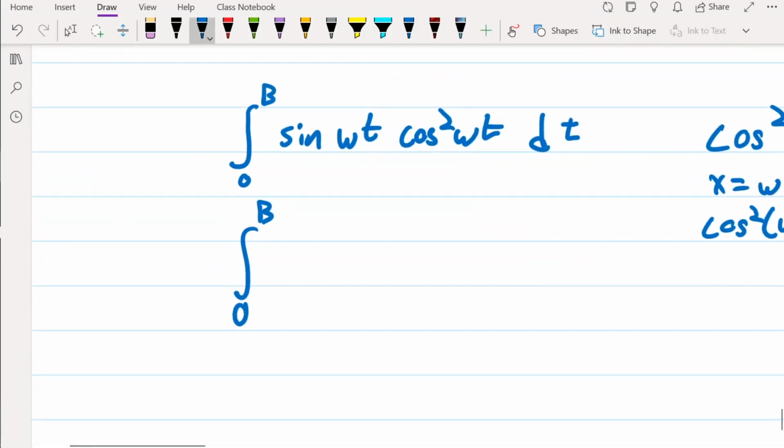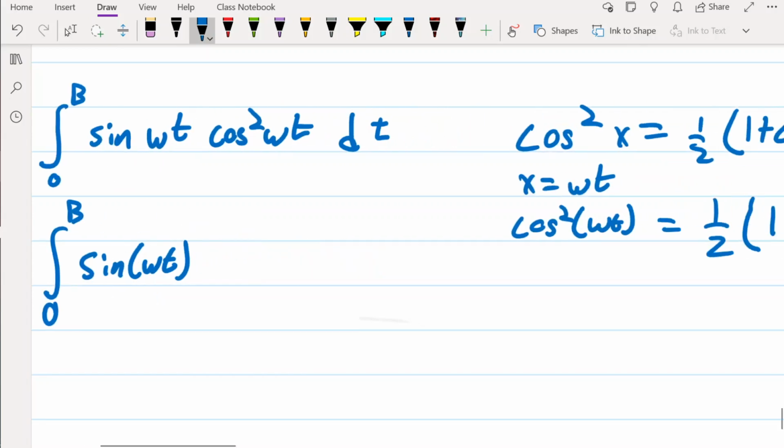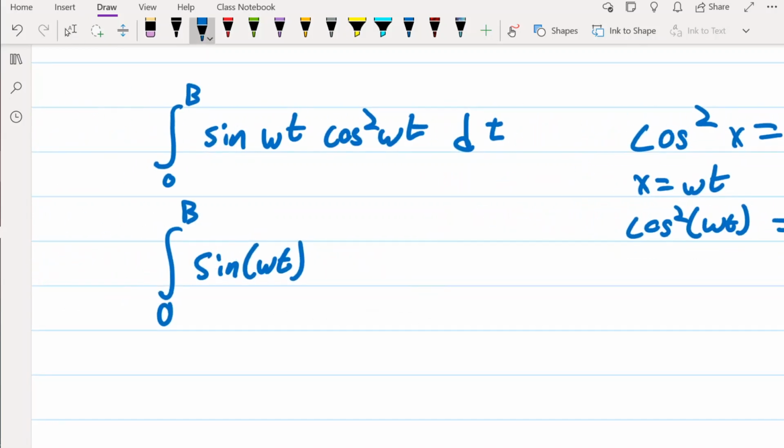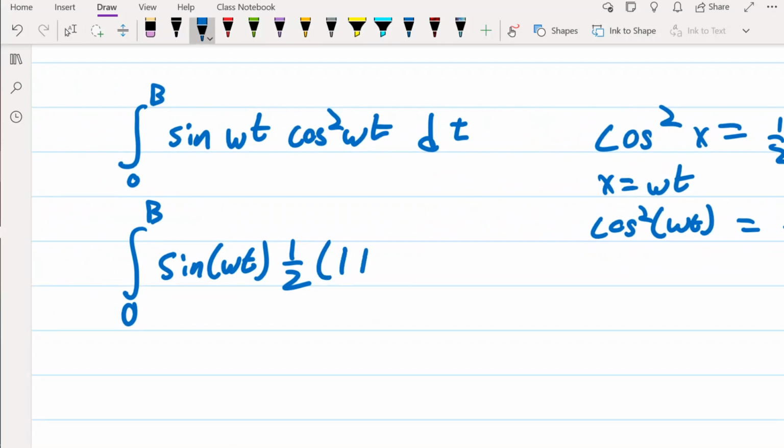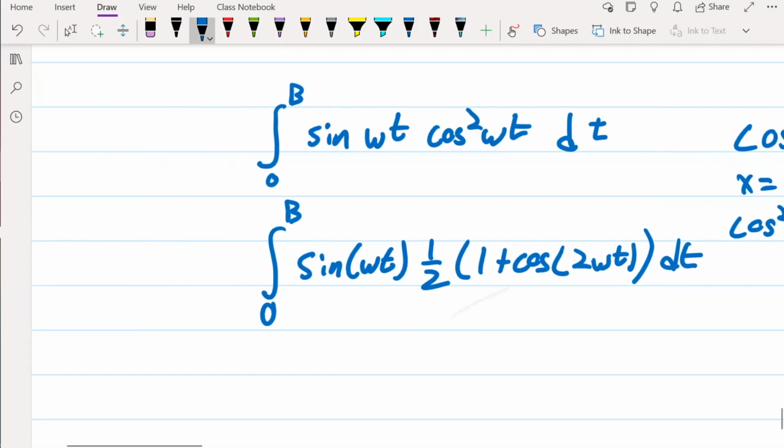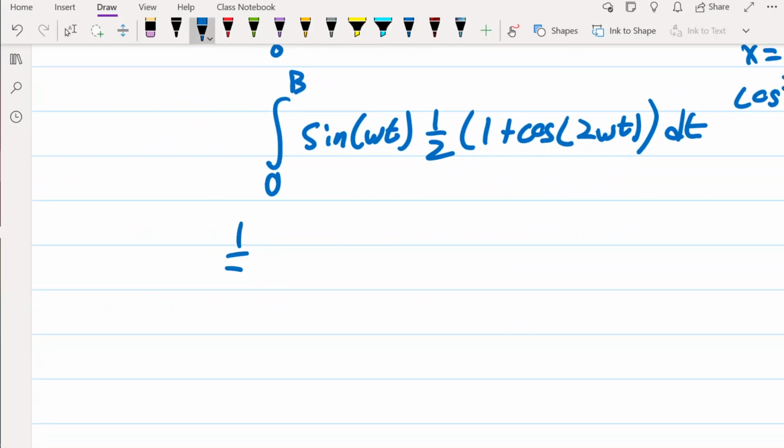All right, so now we have sine of wt times 1/2 times 1 plus the cosine of 2wt dt.